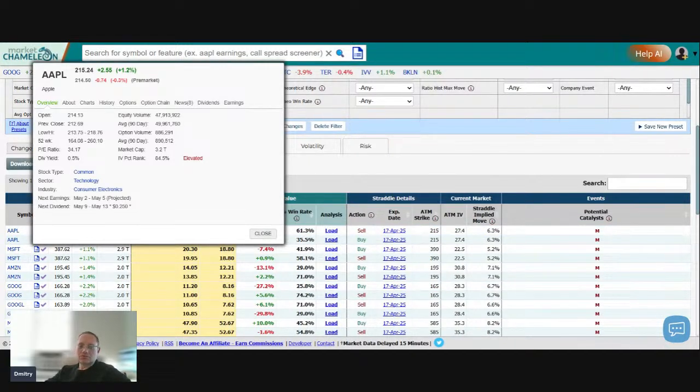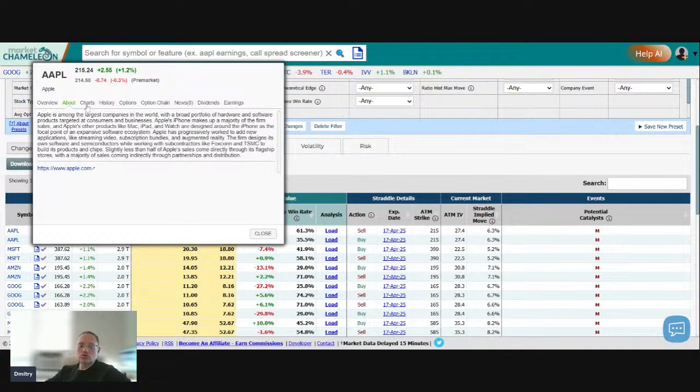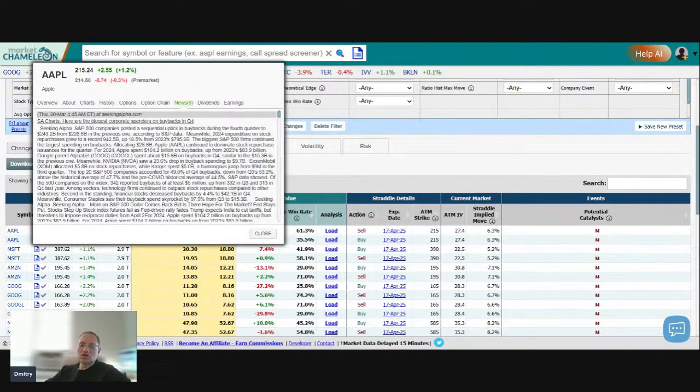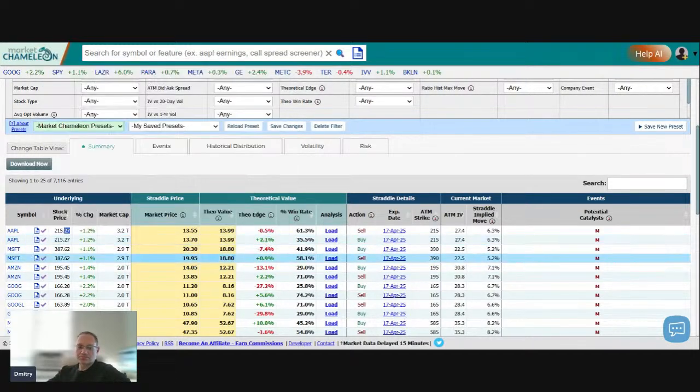So you could see here, gives you the name, gives you statistics. If you tab through, you can read more about the stock, click on the news. And this is convenient, so you don't have to leave the page to get some quick information on what this symbol is, which stock it represents. I'm going to close this.